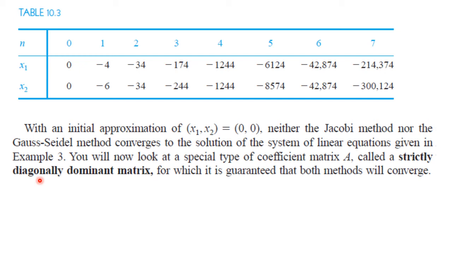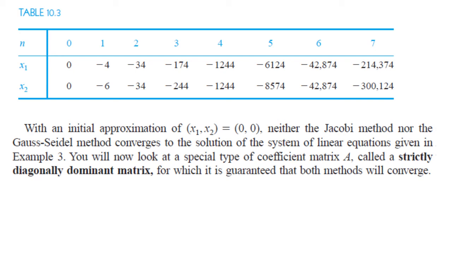If it is a strictly diagonally dominant matrix, then the system will definitely converge. There is a guarantee. And if it is not strictly diagonally dominant, then there is a chance that it will diverge.